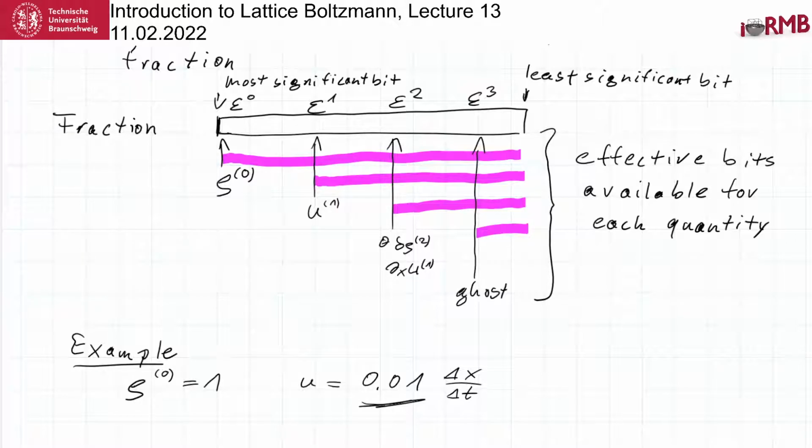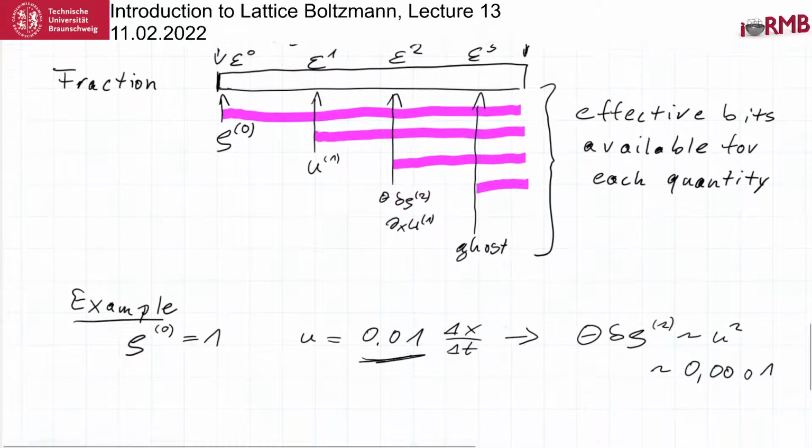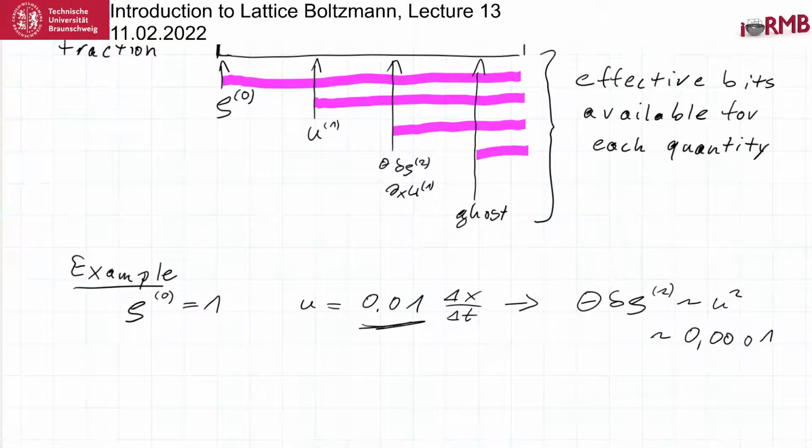So that would mean that in our second order term here, the important thing is that the pressure is always proportional to the velocity square, which in lattice units then gives us, when we start from 0.01, something of the order of 0.0001 that we have here. So this is relatively small.